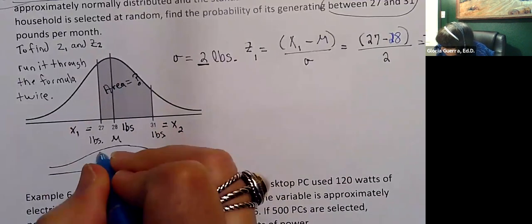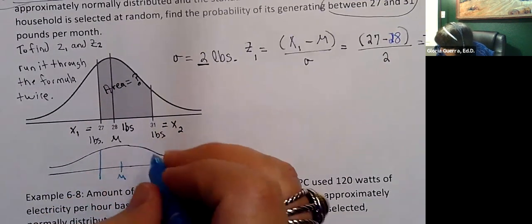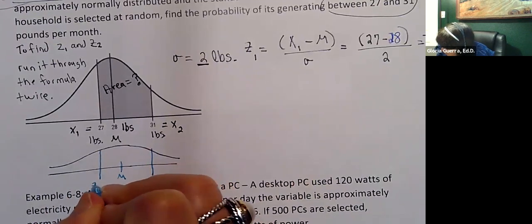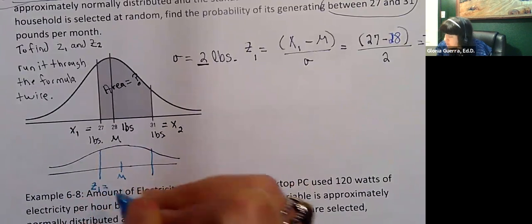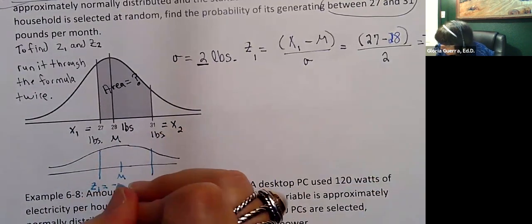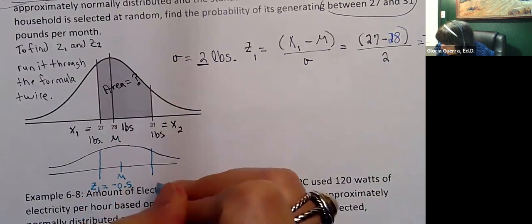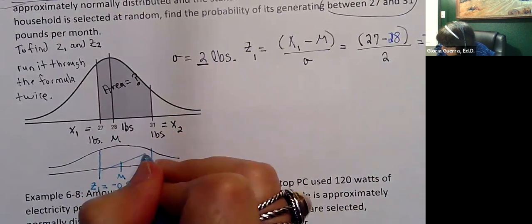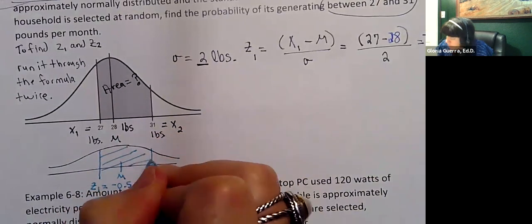And so this is z sub 1, which is negative 0.5. And then we're going to find z sub 2 in a little bit. We're trying to find this area in here.